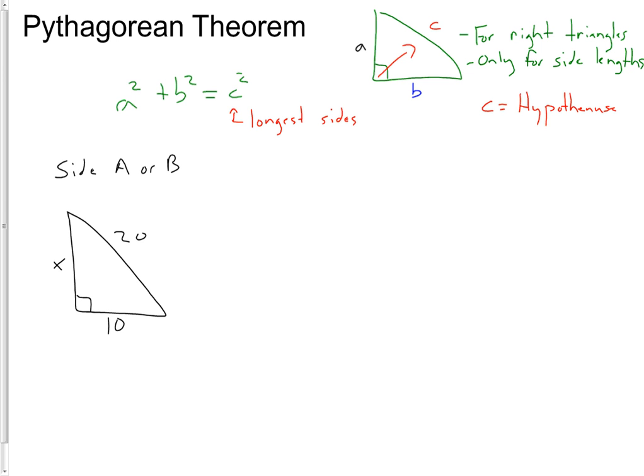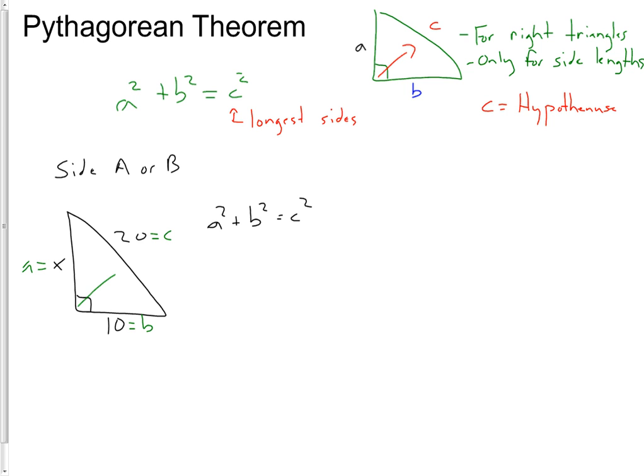We can use Pythagorean theorem here because we've got a squared plus b squared is equal to c squared. In this case, we can label this as a, b, c.